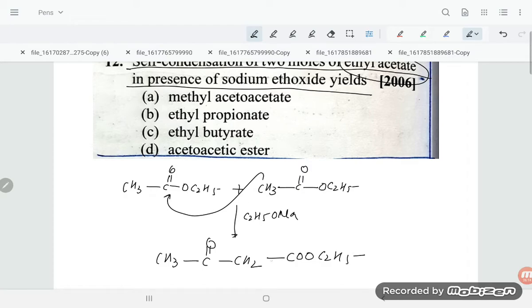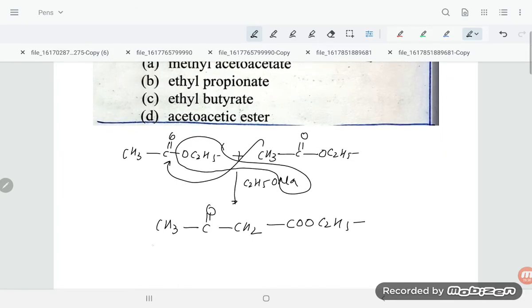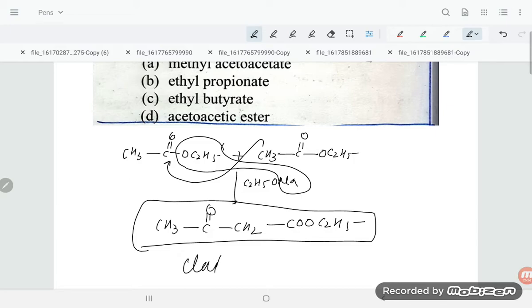And NaOC2H5 is getting out. So this is our required product, student, and this reaction is known as Claisen condensation.